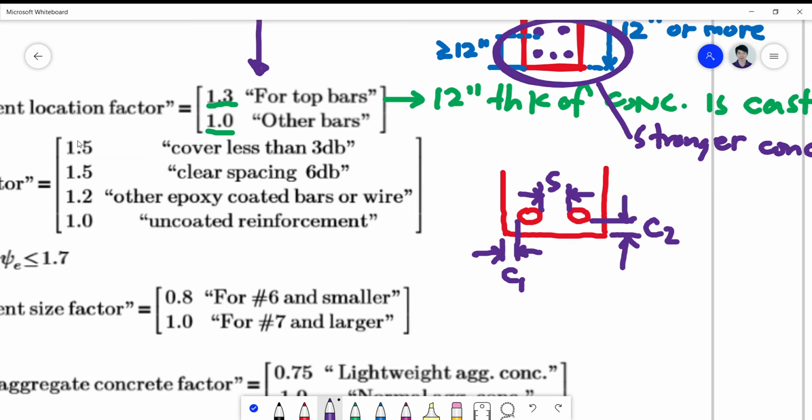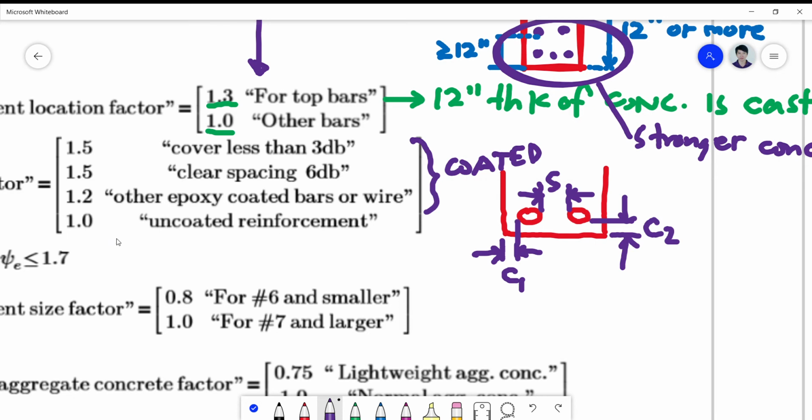So the factor of safety is bigger when you have a coating, compared to an uncoated reinforcement.